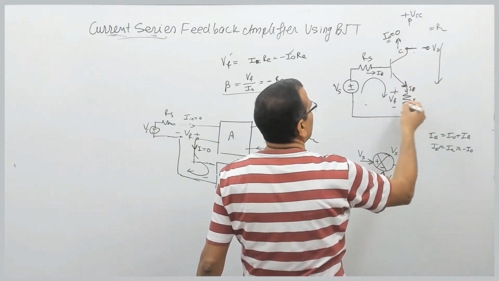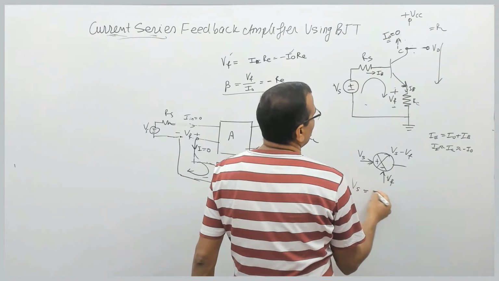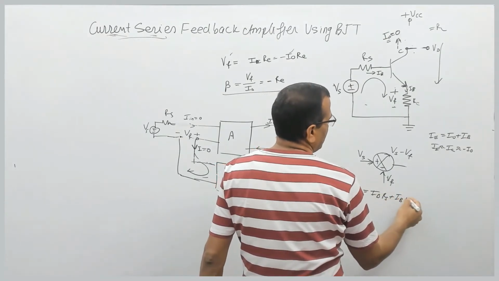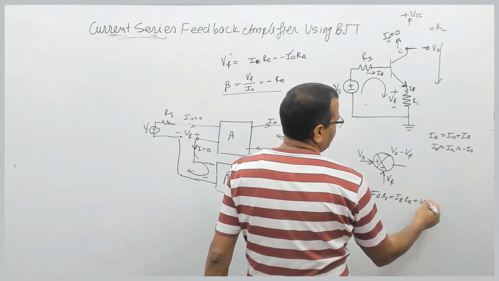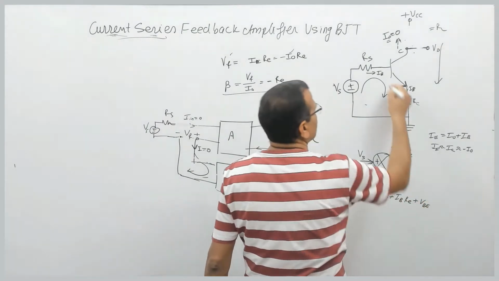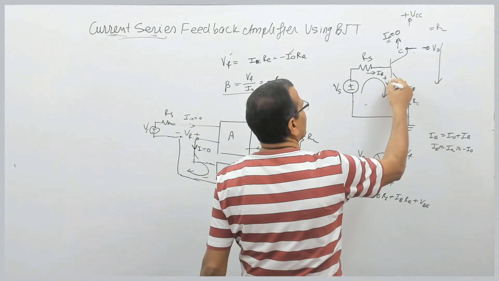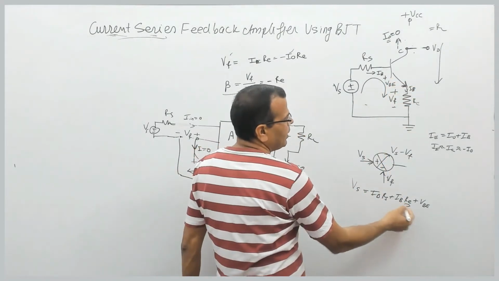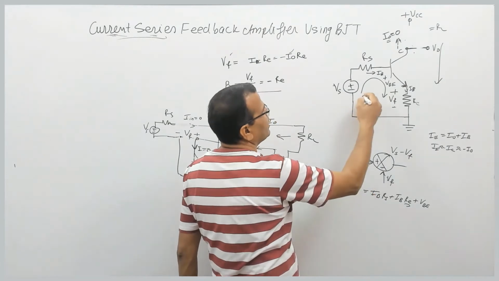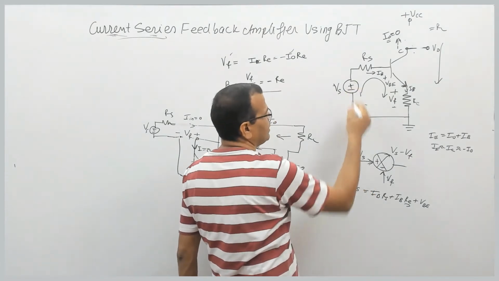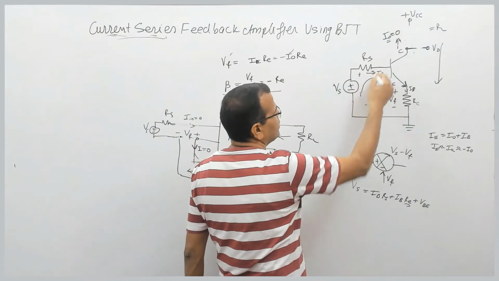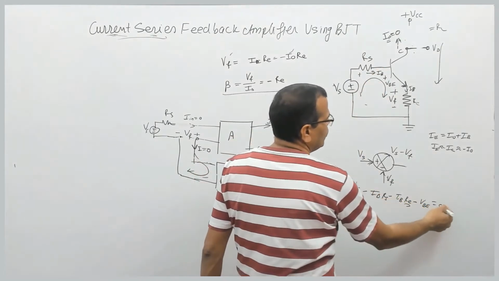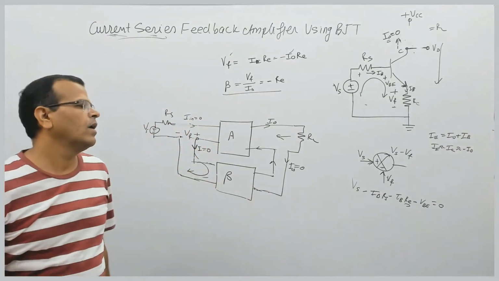So this is RE. So VS will be equal to IB RS plus IB RE plus VBE. This is the voltage VBE. Fine. That means this RE is appearing in the input circuit, or if you apply KVL here, the same equation results, which is also correct. Fine.